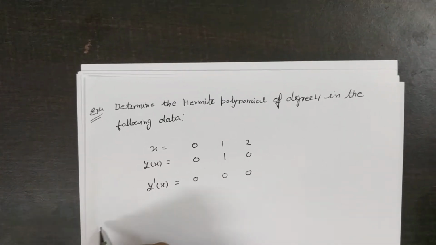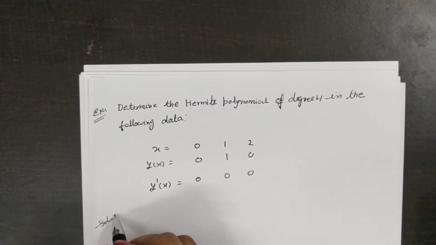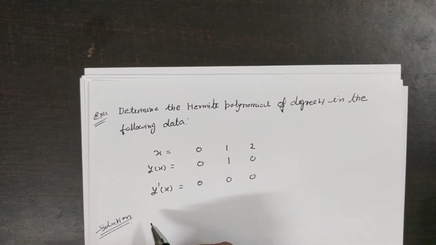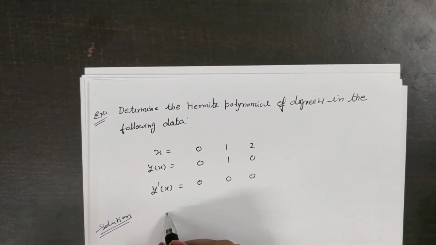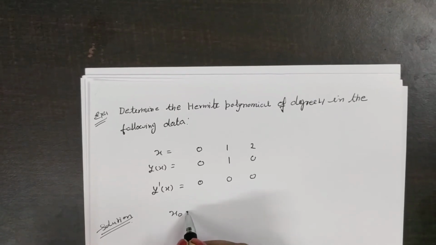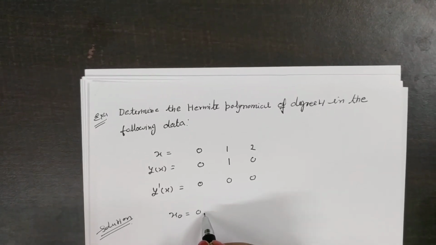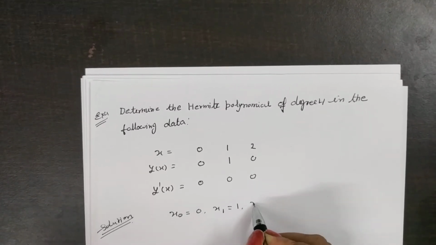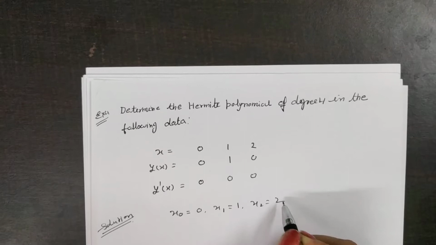Here is the solution. x0, the first point, is 0; x1 is 1; x2 is 2.